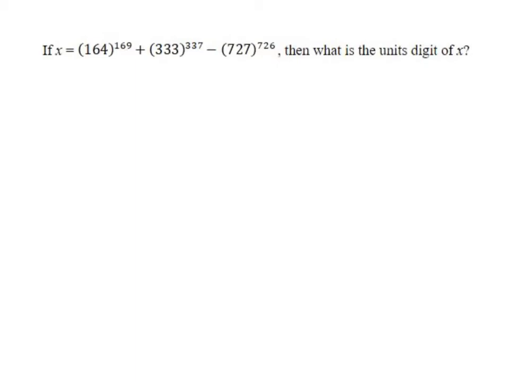If x is equals to 164 to the power of 169, 333 to the power of 337 minus 727 to the power of 726, then what will be the unit digit of x? We take the unit digit of the base, last two digits of the power, and we divide it by 4. Same manner, 37, 4, 7, 26 divided by 4.